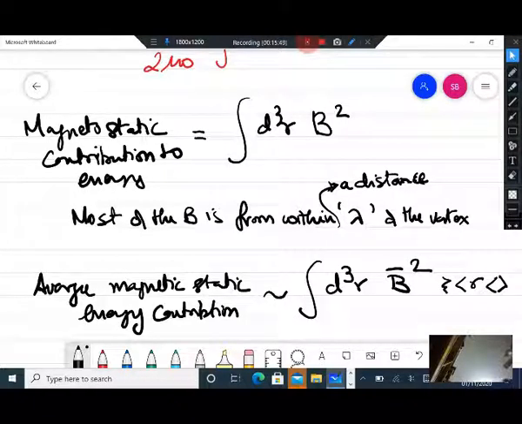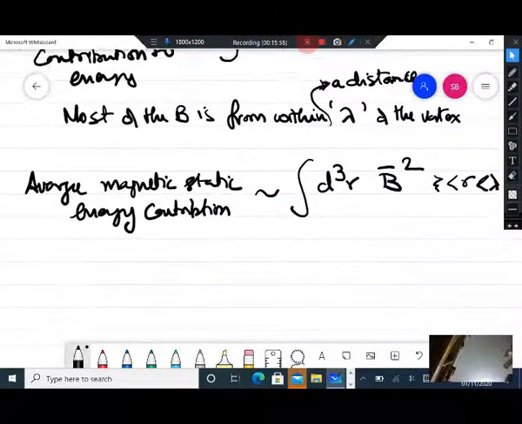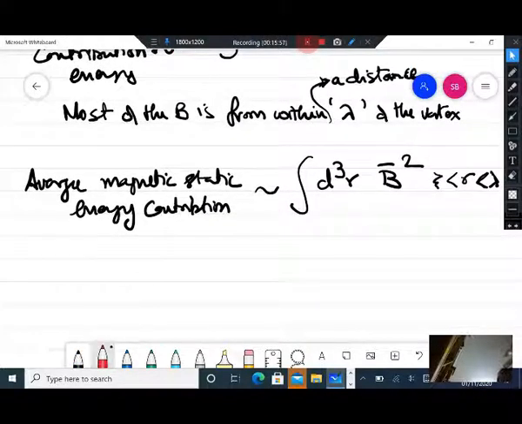We will be looking at a distance r around this vortex. So you have a vortex which is almost like a line, because this is xi and you are in the extreme type 2 limit.